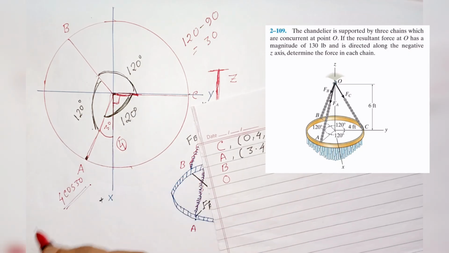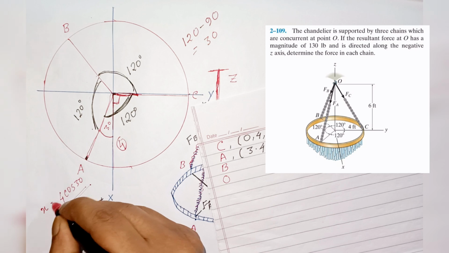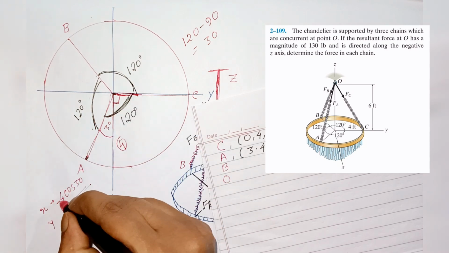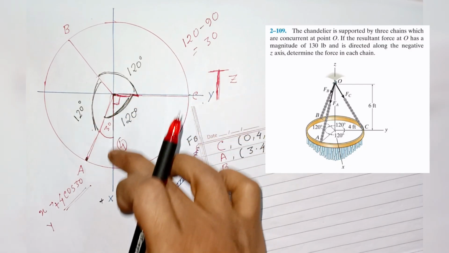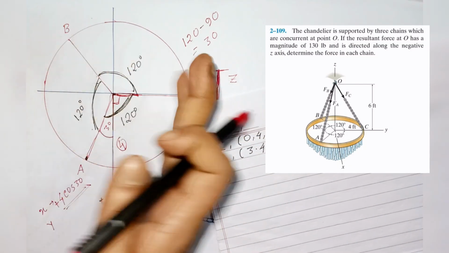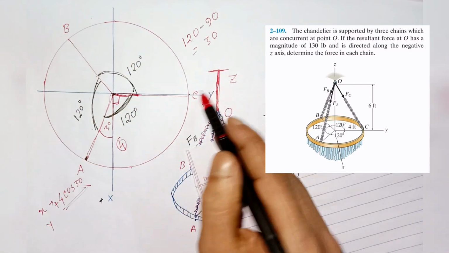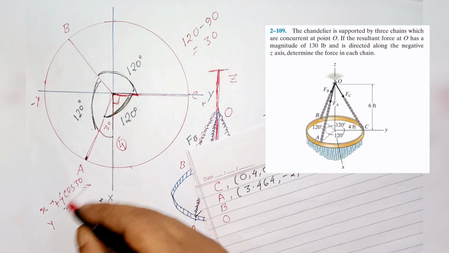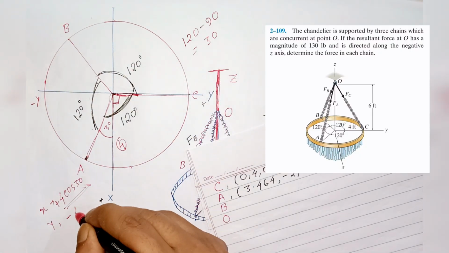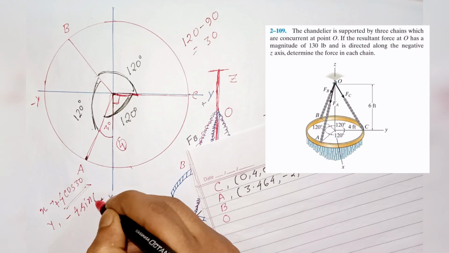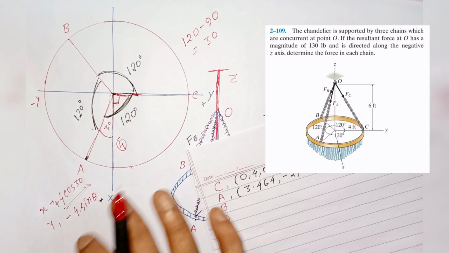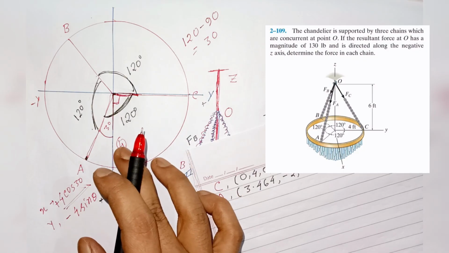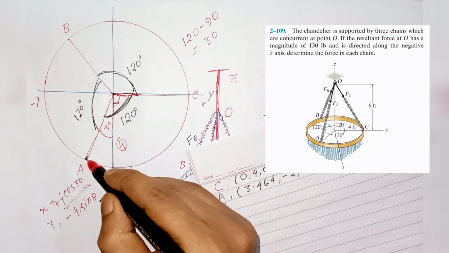Here 4 cos theta is positive because this is the positive direction. In the y direction, the right side is positive and the left side is negative. The y coordinate is 4 sin 30, because theta is not attached, so I use sin. It is negative because it is along the negative y-axis.